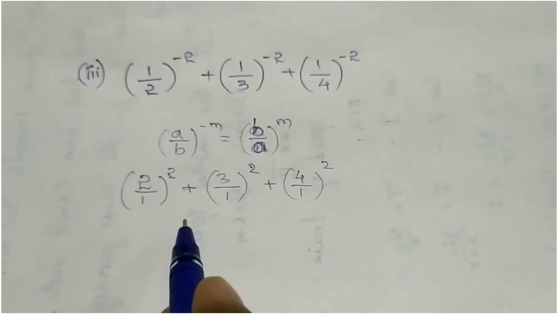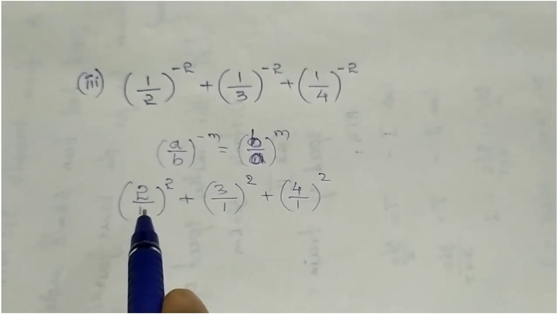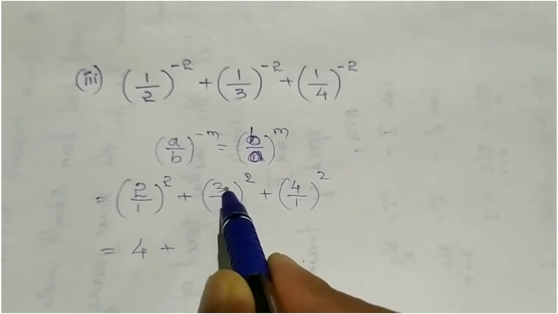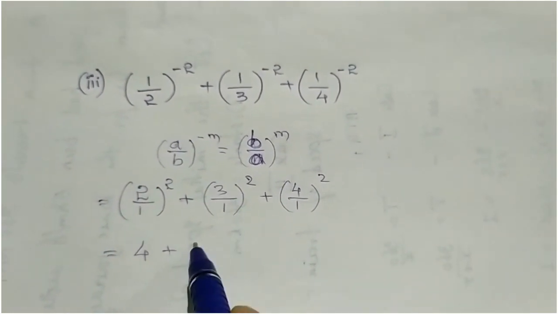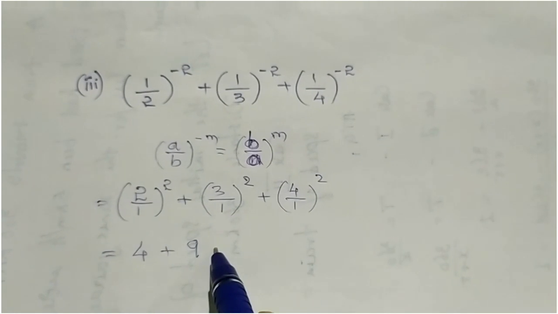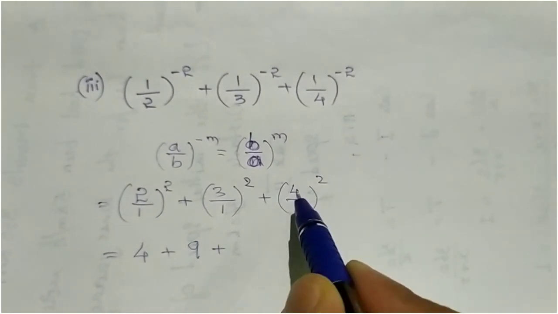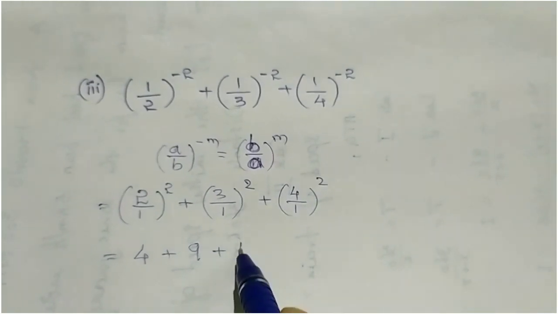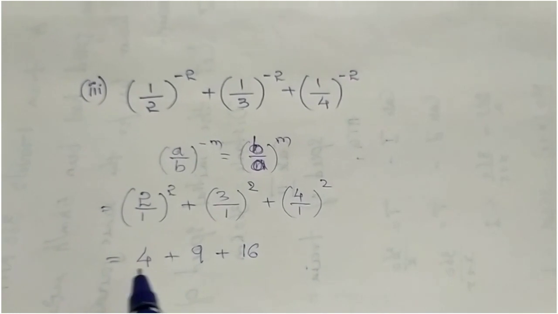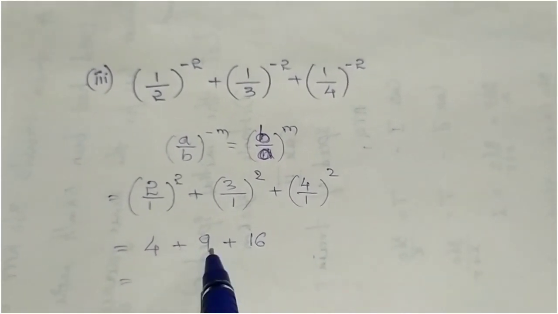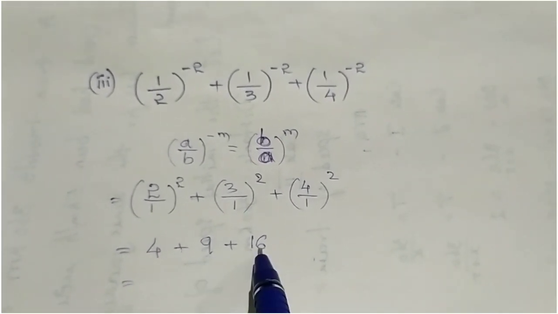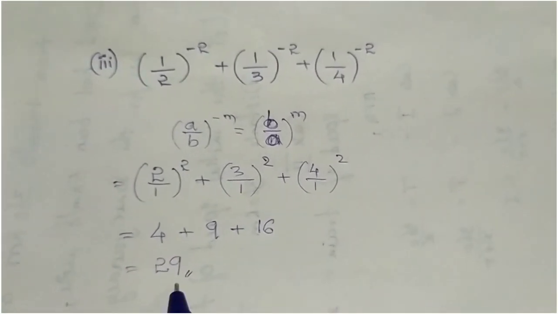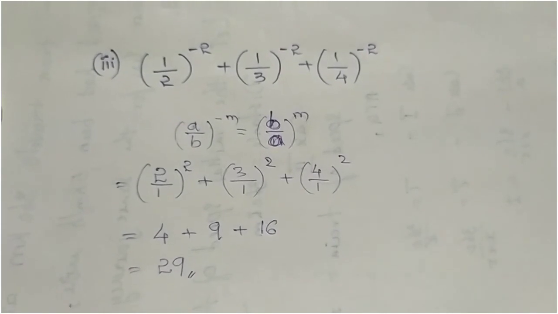Here 2 by 1 is nothing but 2. 2 square is 2 2s are 4, plus 3 by 1 is nothing but 3. 3 square is 9, 3 3s are 9, plus 4 by 1, which is nothing but 4. 4 square is 4 4s are 16. Now add them. 4 plus 9 is 13. 13 plus 16 will be 29. So our final answer will be 29.